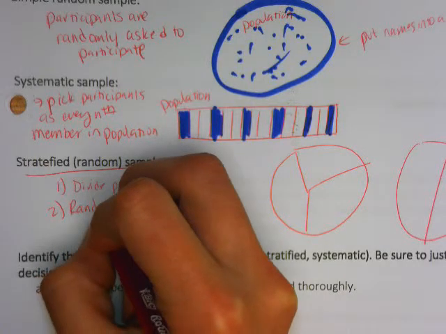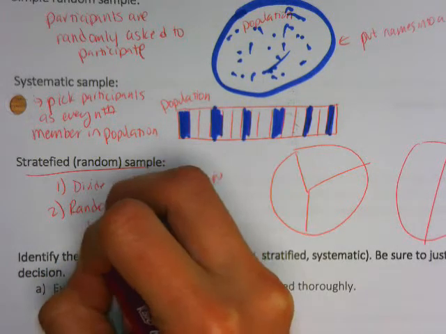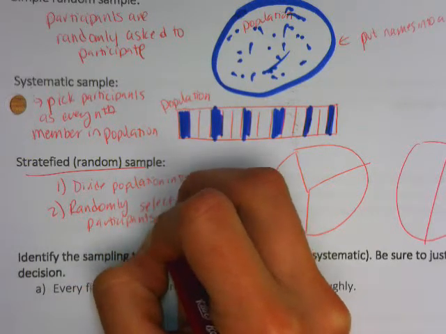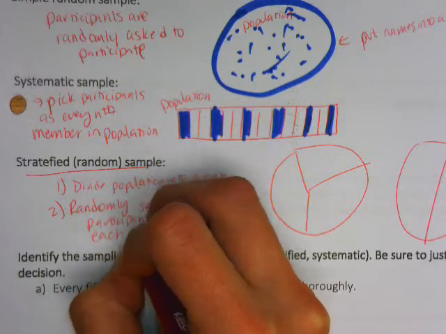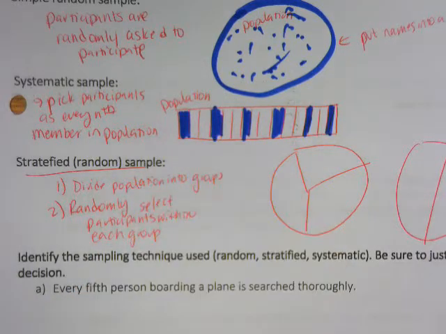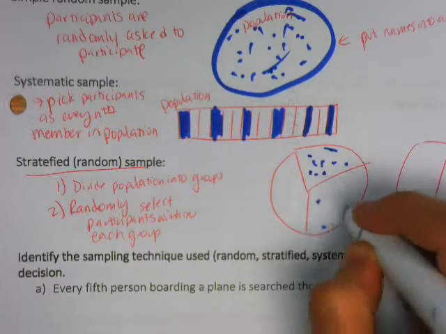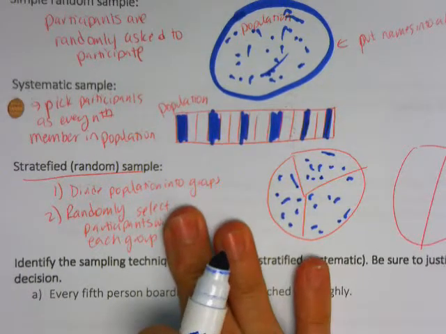Second step, randomly select participants within each group. So within each group, I'm going to randomly select them inside here, and inside here.